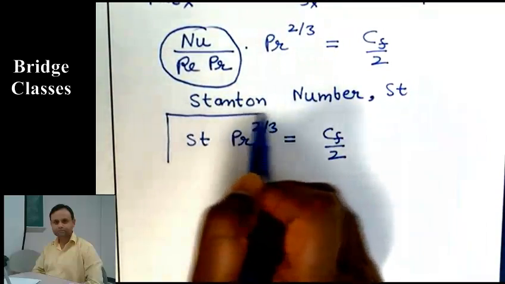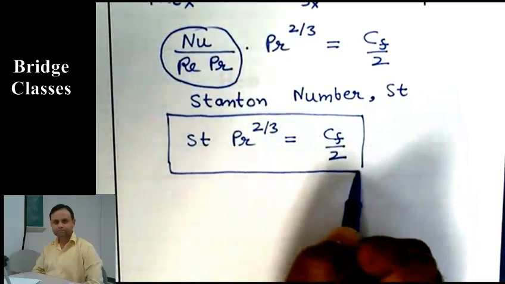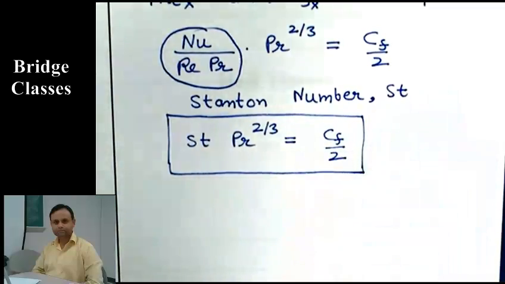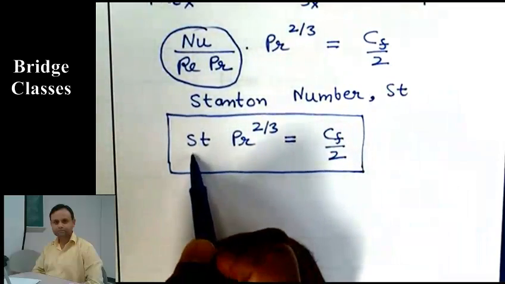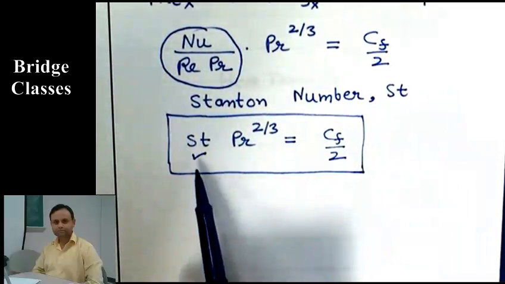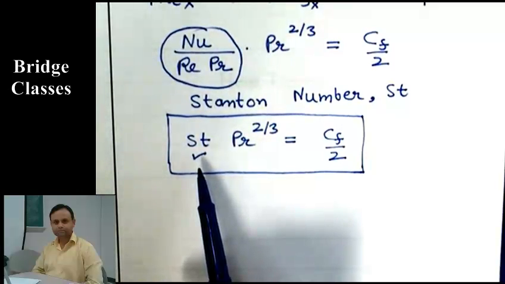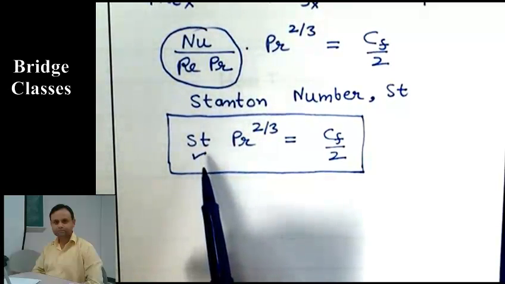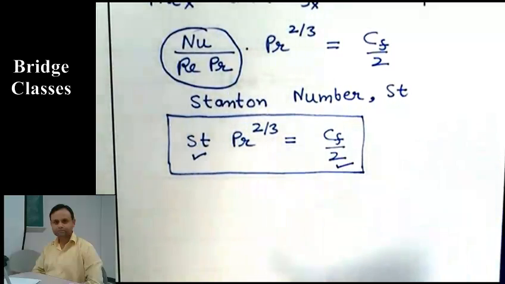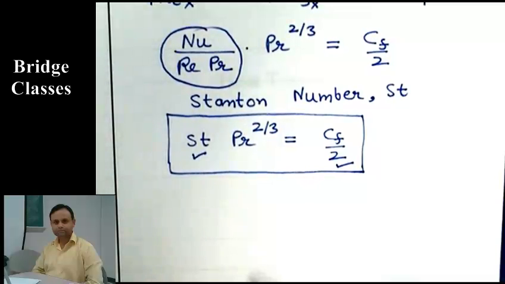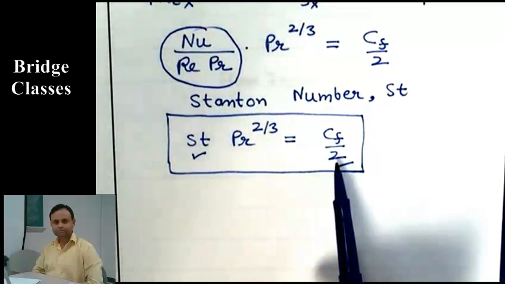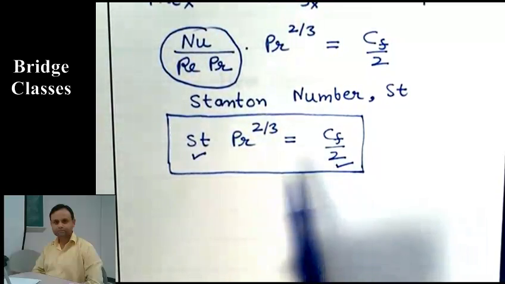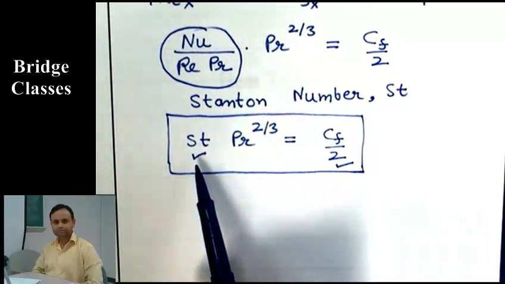And this formula has many implications. See, it correlates. The Stanton number is related to heat transfer because it has the Nusselt number in it, right? It is related to heat transfer. And what is this CF? It is not related to heat transfer. It is related to drag. So this is related to momentum, and this is related to heat transfer.